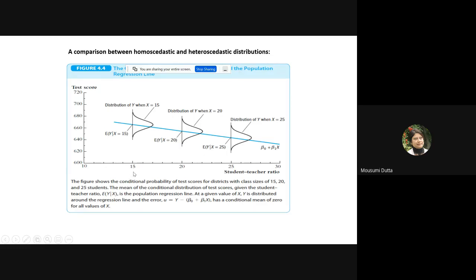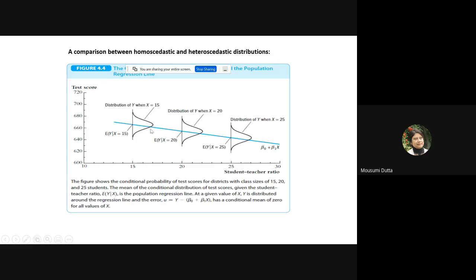We are considering this for the value at 15, the value at 20, the value at 25. That is, we are considering expected value of y given x is equal to 15, expected value of y given x is equal to 20, expected value of y given x is equal to 25. So we are considering these 3 levels only, okay?